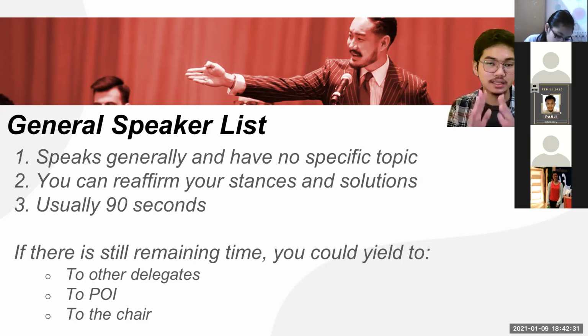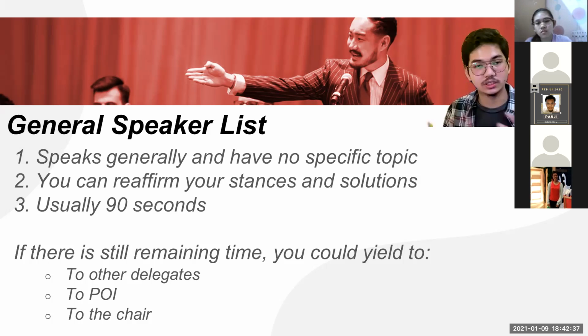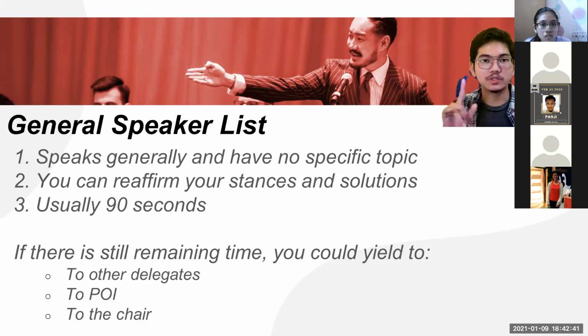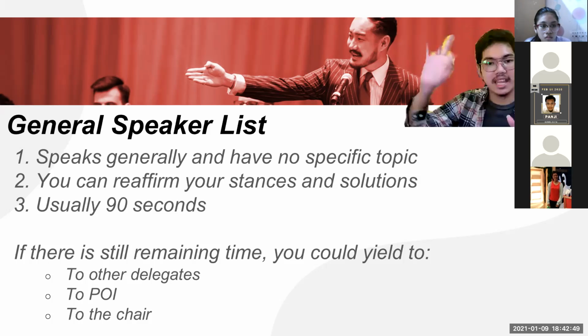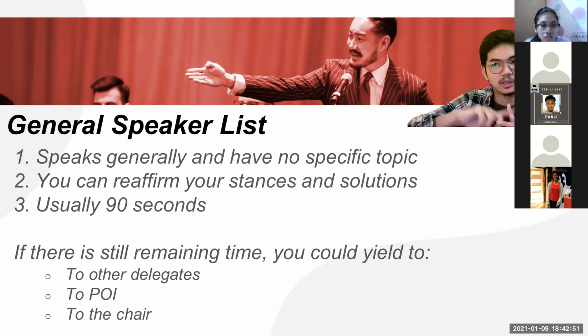I would say stick to the flow, because you have to respect other countries' discussion time and also discussion content. In a general speakers list, you have to talk about the issue that is currently being debated. You cannot talk about any other topic or any other specific issue. You can only talk about the ones that are being discussed.